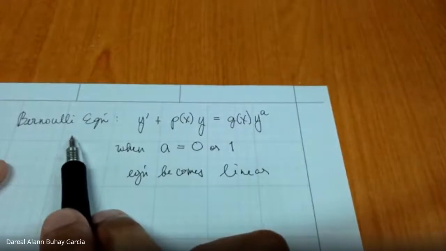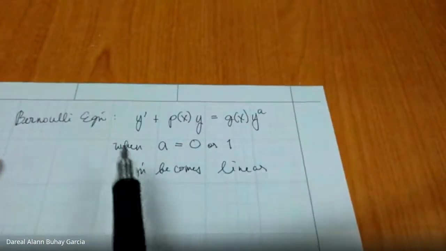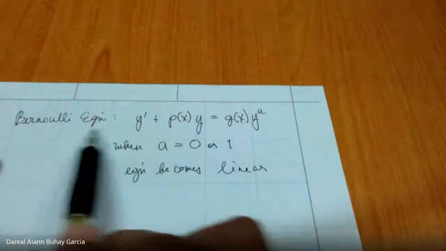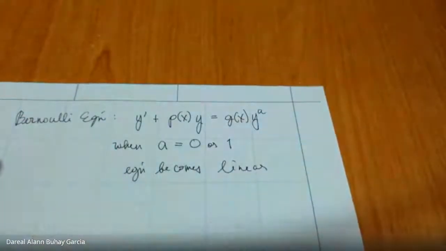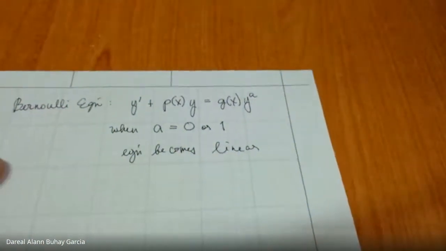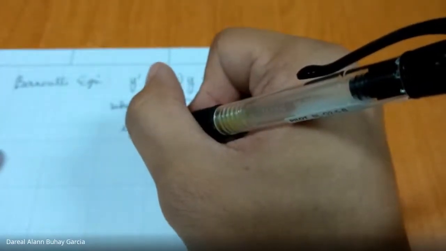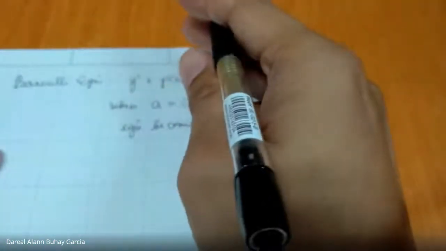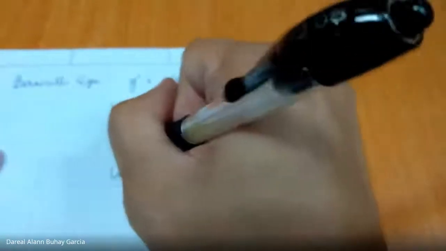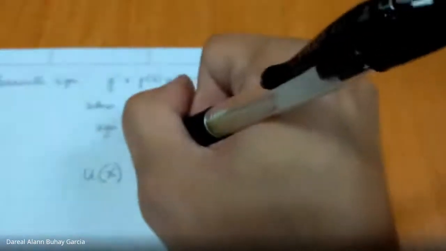So what do we do to convert a pure Bernoulli equation into a linear one? We use another function, and we'll use the letter u. So we'll use u of x as a stand-in.